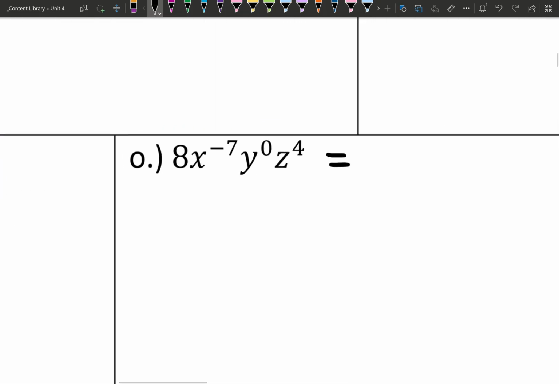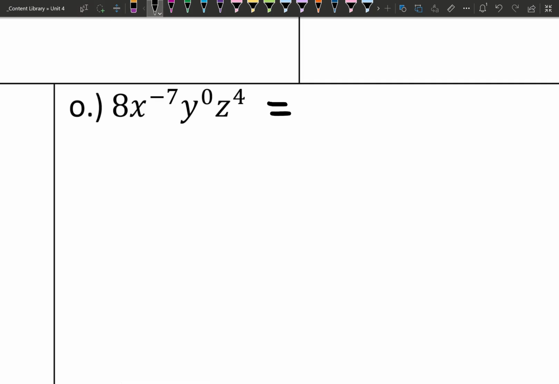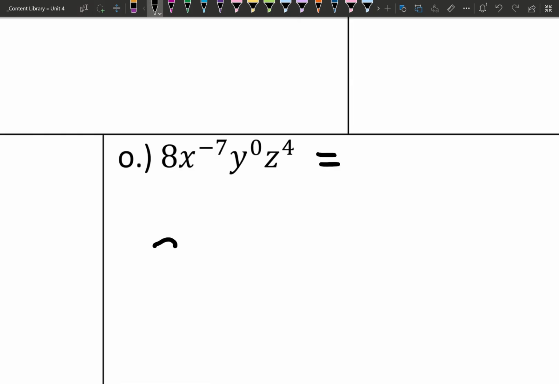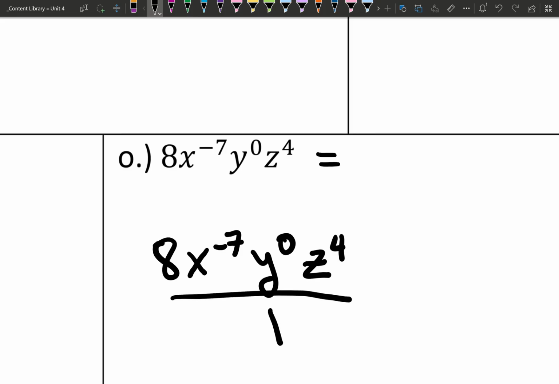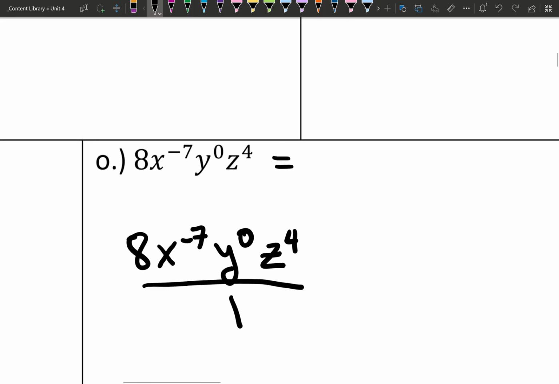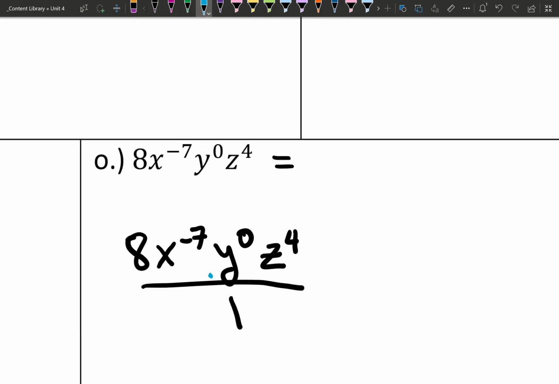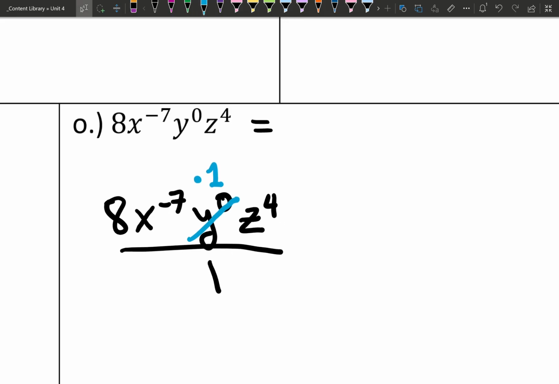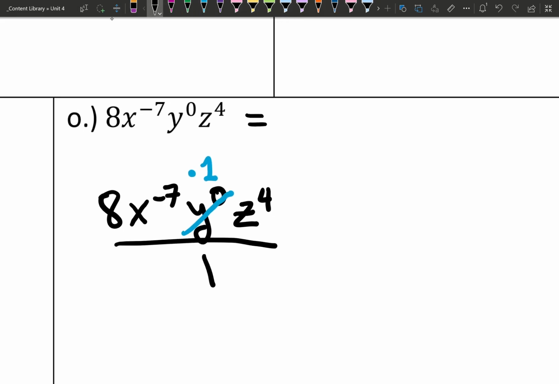We got another power of 0. So first I'm going to rewrite this as a fraction. Now y to the 0 is 1. Just cross it off and add a little times 1 here instead. Do I have any negative exponents?